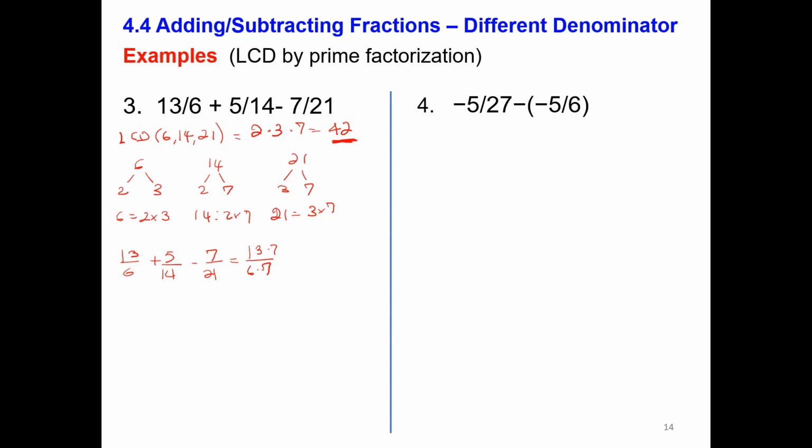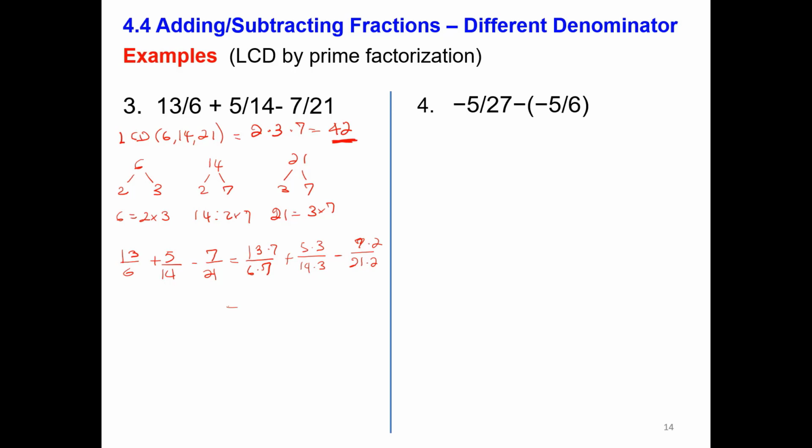The second fraction, we need to multiply by 3. For the last fraction, this is negative, we need to multiply by 2, so it's 21 times 2, and we do the same on top.